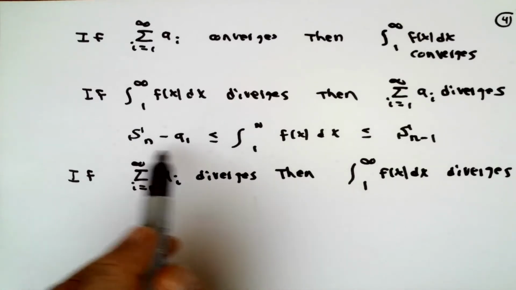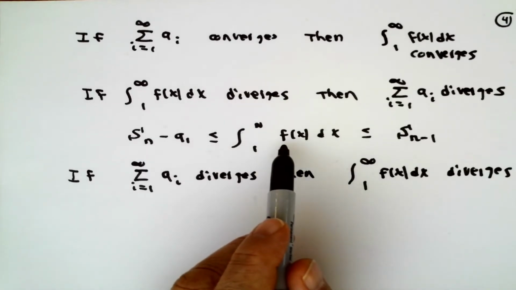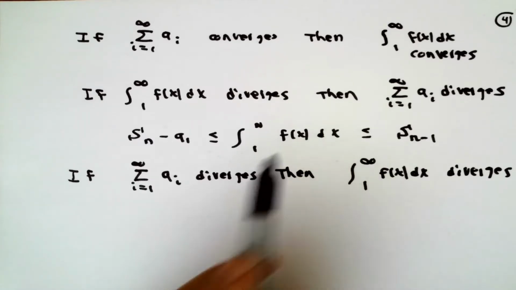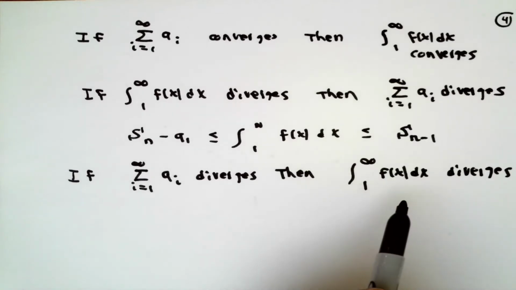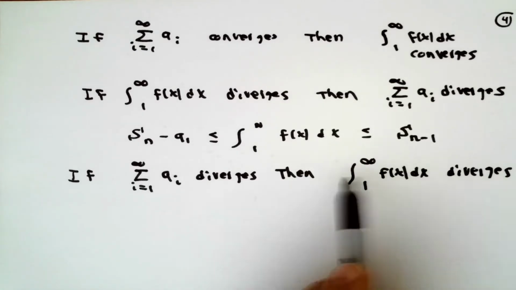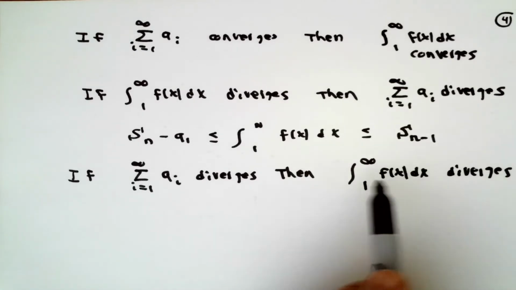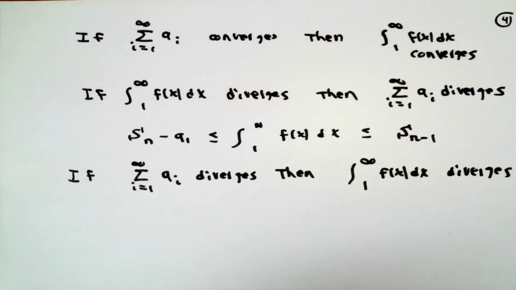Since the partial sums become indefinitely big, that means these integrals have to become indefinitely big as well, and so they diverge. If the infinite series diverges, then the integral diverges. And then again, by logical manipulation, if this is not true, then that is not true.